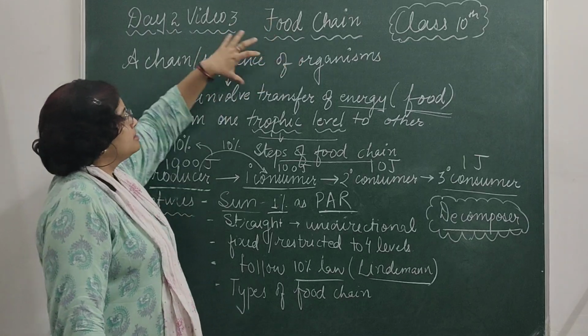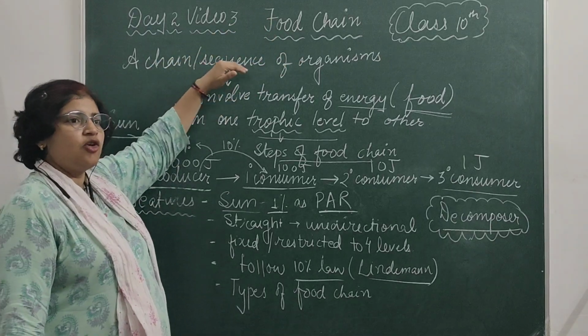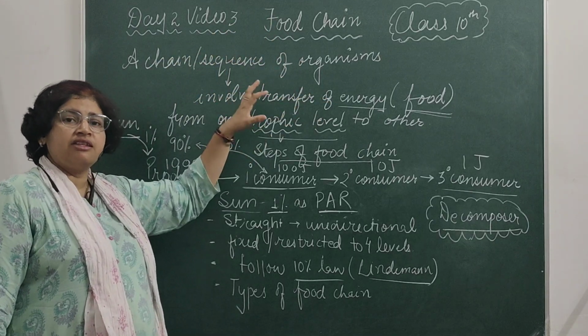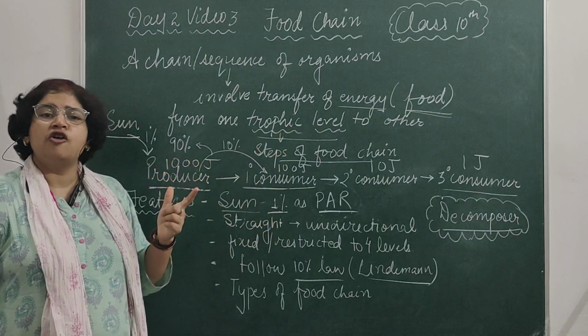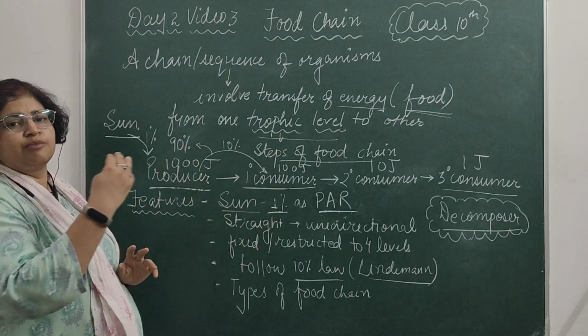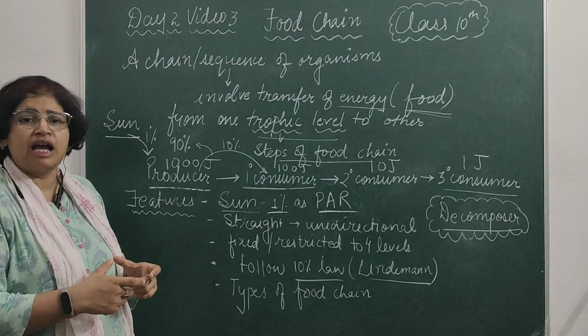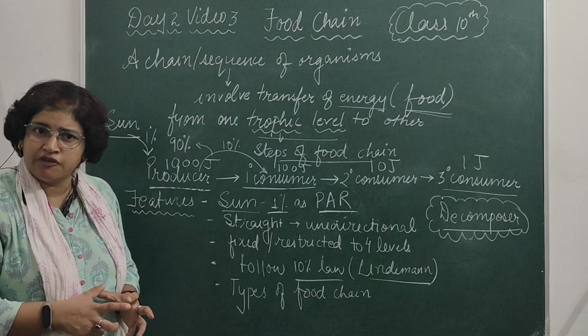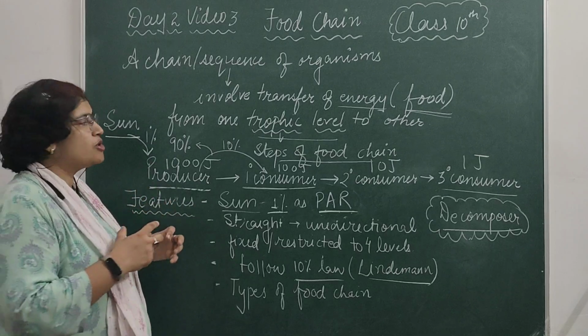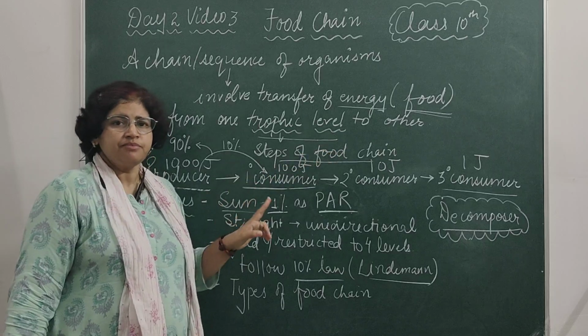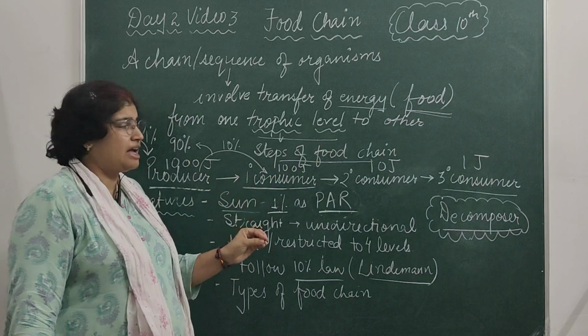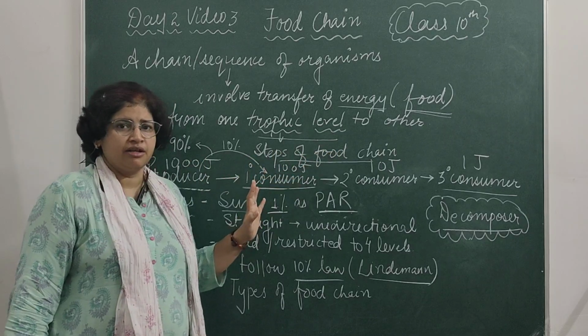What is food chain? The food chain is a chain or sequence of organisms where the transfer of energy in the form of food occurs from one organism to the other. That particular organism acquires a particular position in the food chain, and that position is known as trophic level. Or in simple terms, we can say that steps of food chain.